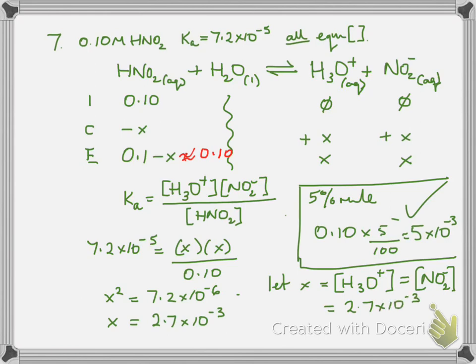And don't forget, you've still got to quote the acid. So the concentration of HNO2 is going to be 0.10. So that becomes our final answer. You've got to give the concentrations of all the components, and don't forget the units.